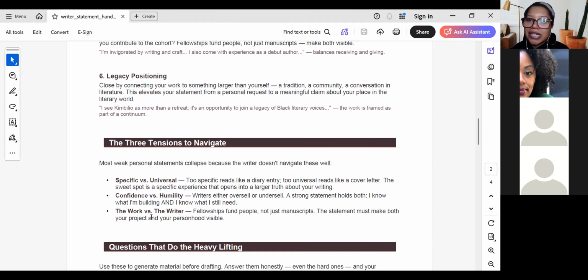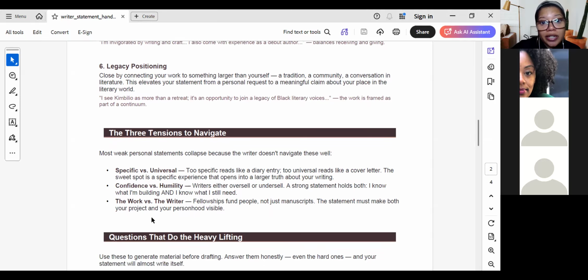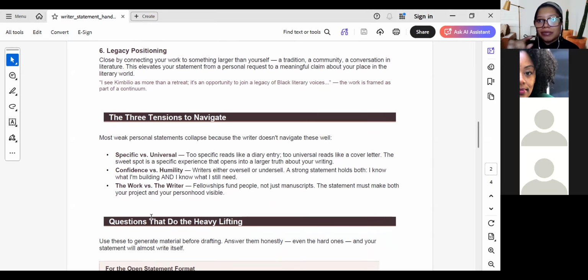And so a strong statement has to hold both: I know who I am, but also the self-awareness of knowing what you need. And then lastly, the work versus the writer. Again, kind of rehashing this idea that fellowships fund people, not just manuscripts. So the statement has to make both your project and your personhood visible, because the personhood is what makes you interesting.